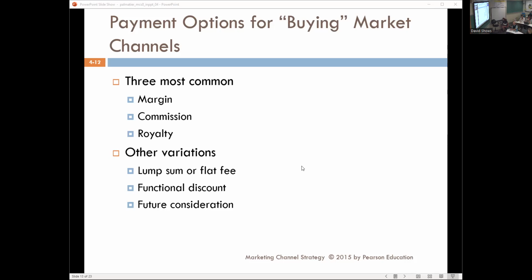The reseller's price and the cost of goods sold. So the cost of goods sold is what the reseller buys it for. And the reseller's price is exactly what it says.